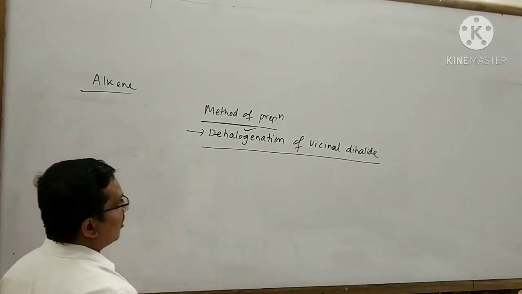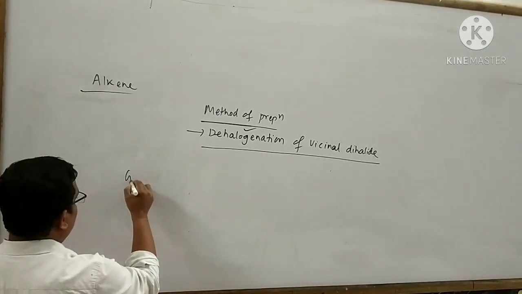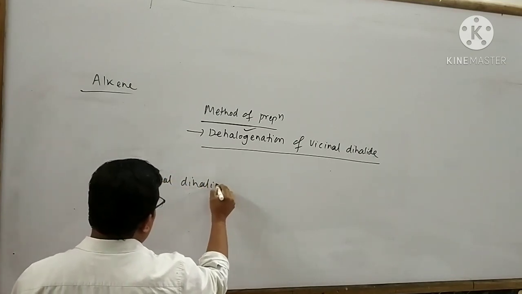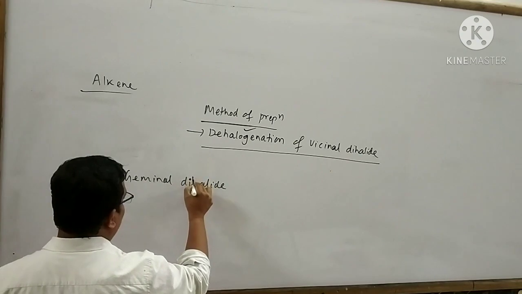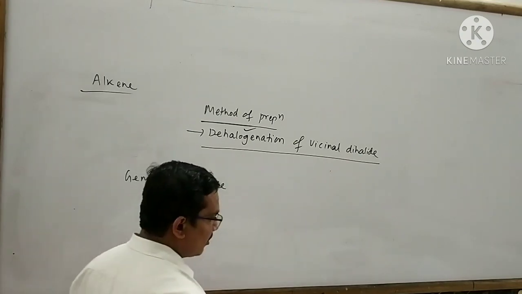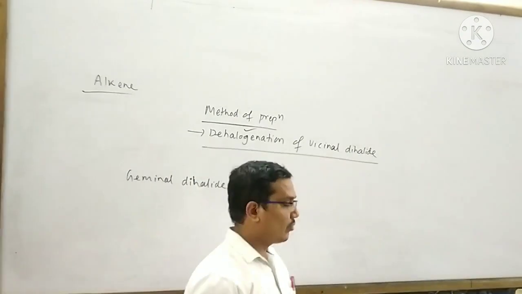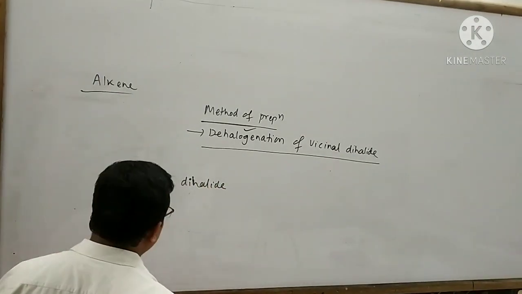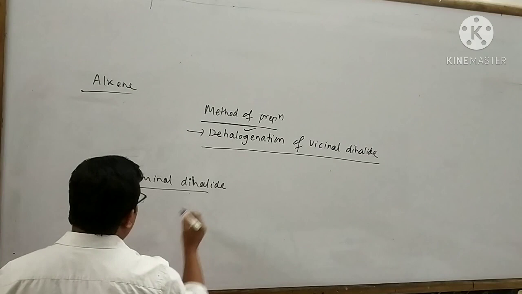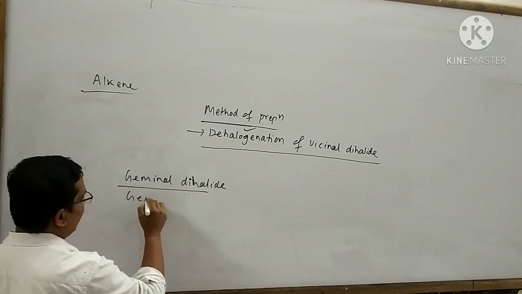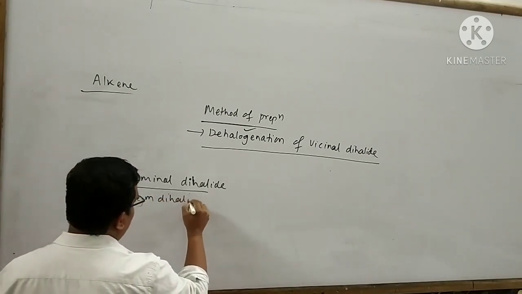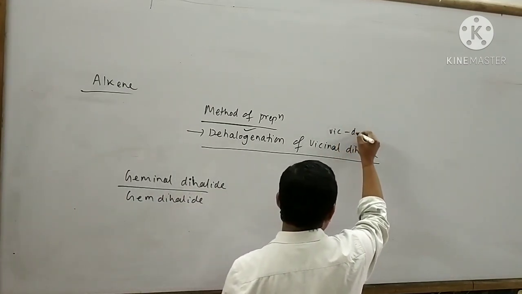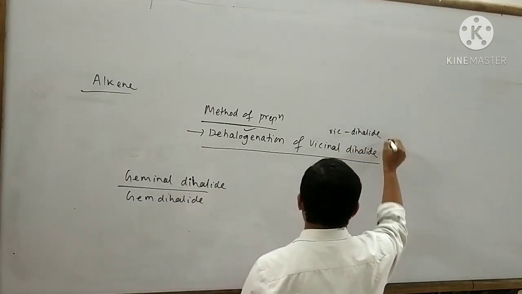There is also another term, that is a geminal dihalide. Geminal dihalides are the compounds having two halogen atoms on the same carbon atom. Geminal dihalide is also called gem dihalide. On the other hand, vicinal dihalide is also called vic dihalide.